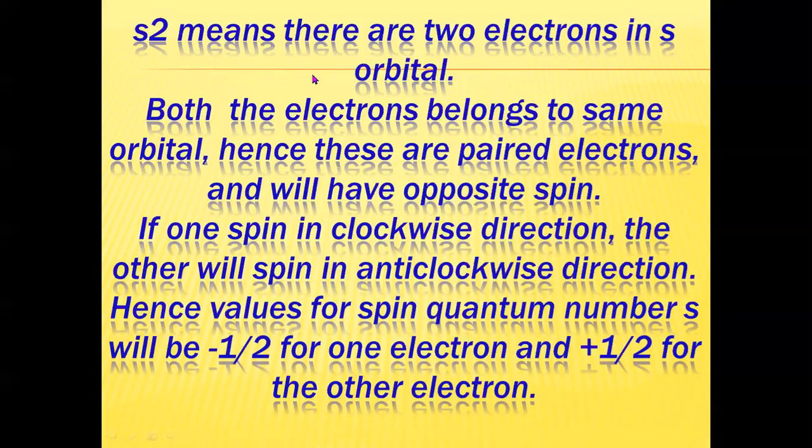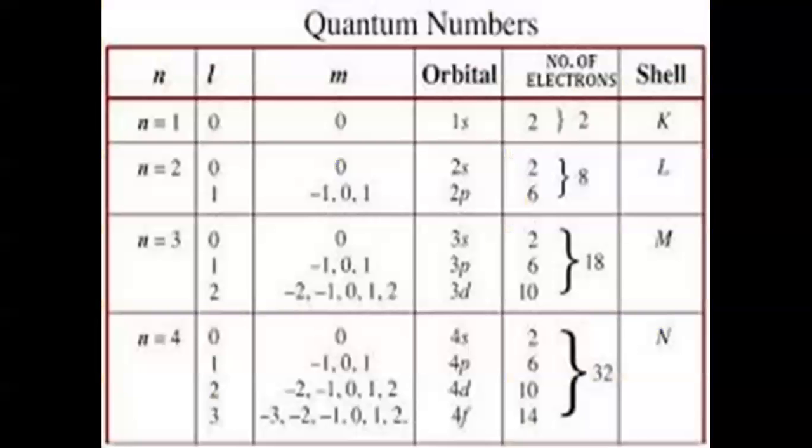And since there are 2 electrons in that s orbital, one will have minus half for the spin quantum number s, and the other will have plus half as the value for s, the spin quantum number.